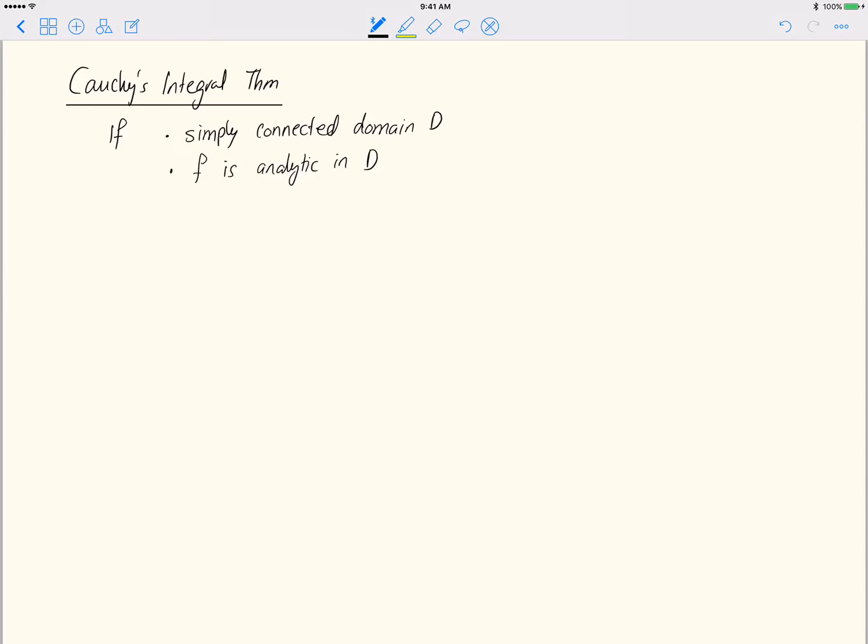I should mention what simply connected means. Actually, it's something which, to state formally, is a bit beyond Math 236. I think for the formal definition of simply connected, if you continue to study maths, maybe you'll see it in third year. For now, the best way to think of it is that a simply connected domain is a domain with no holes, basically.